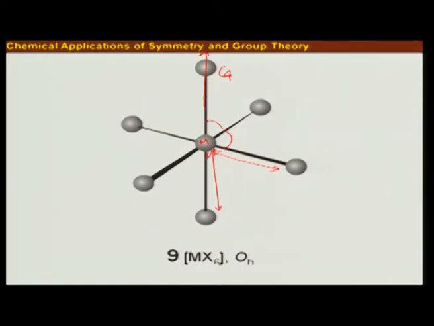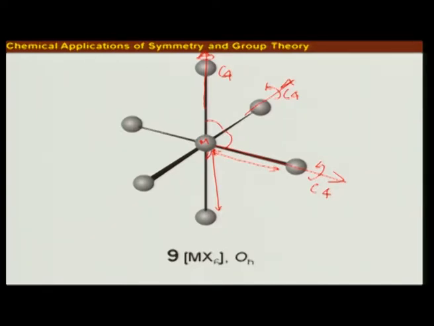I can have another C4 along this axis, so I can have a C4 rotation like this. Similarly, I can have another C4 along this axis, right? So I have more than two higher axes of symmetry.